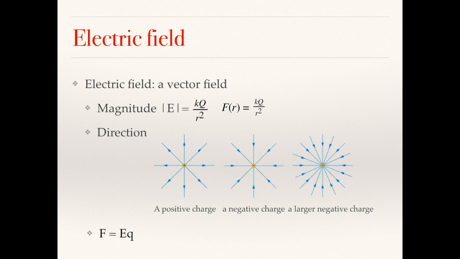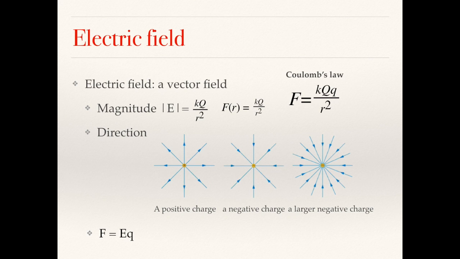So if we just plug in E equals K big Q over R squared, we'll get Coulomb's law here, which is equal to K big Q small q over R squared. You might be a little confused when I change the Q1, Q2 to a big Q and a small q.